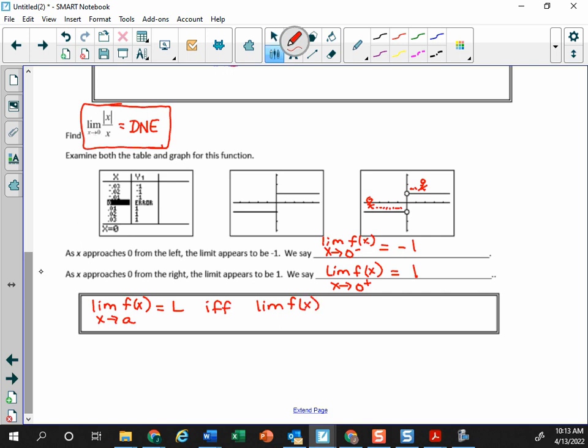If the limit of f of x as x approaches a from the left equals L, and the limit of f of x as x approaches a from the right equals L. So that is just simply saying the left hand and right hand limits have to equal each other. Questions so far, guys?